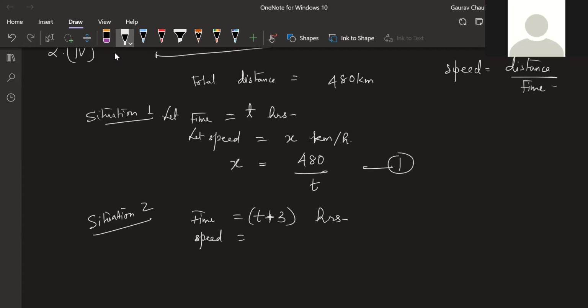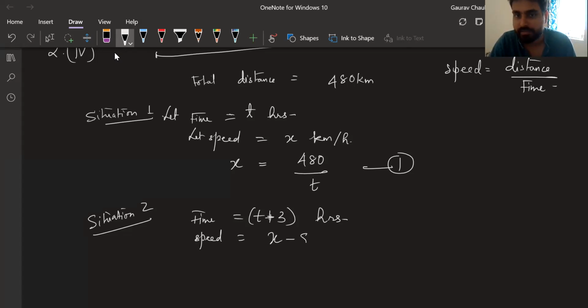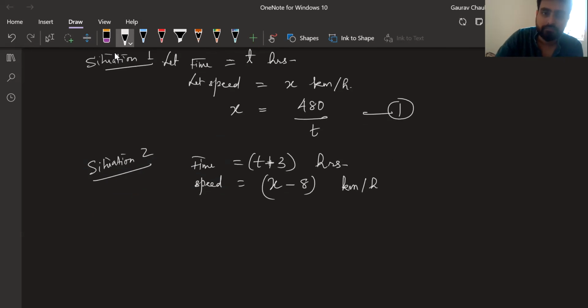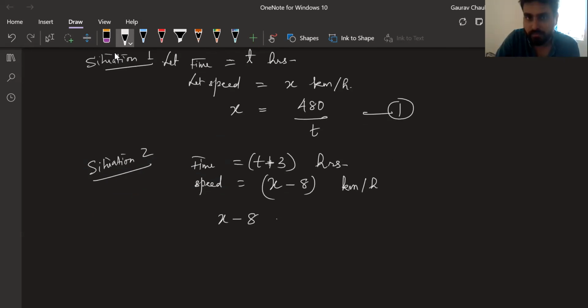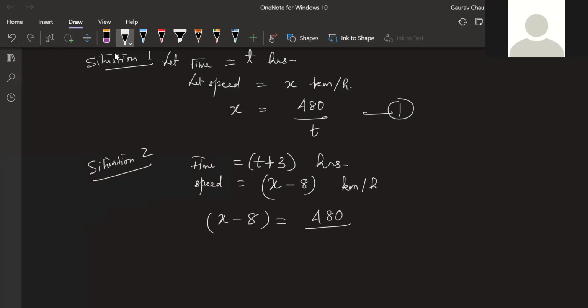They are saying that it will be 8 kilometers per hour less, so x minus 8 kilometers per hour. Perfect. Continue. So in place of speed, I wrote x minus 8 equals 480 divided by t plus 3.